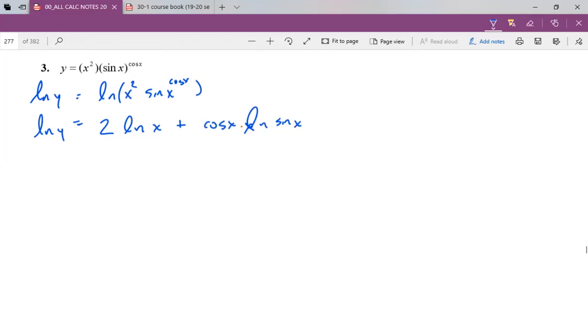Now ready to differentiate. 1 over y times y prime on the left side. On the right side, we have 2 over x. That's our derivative there. And now we're going to have some product rule with some chain rule in it. Derivative of cos is negative sine x.